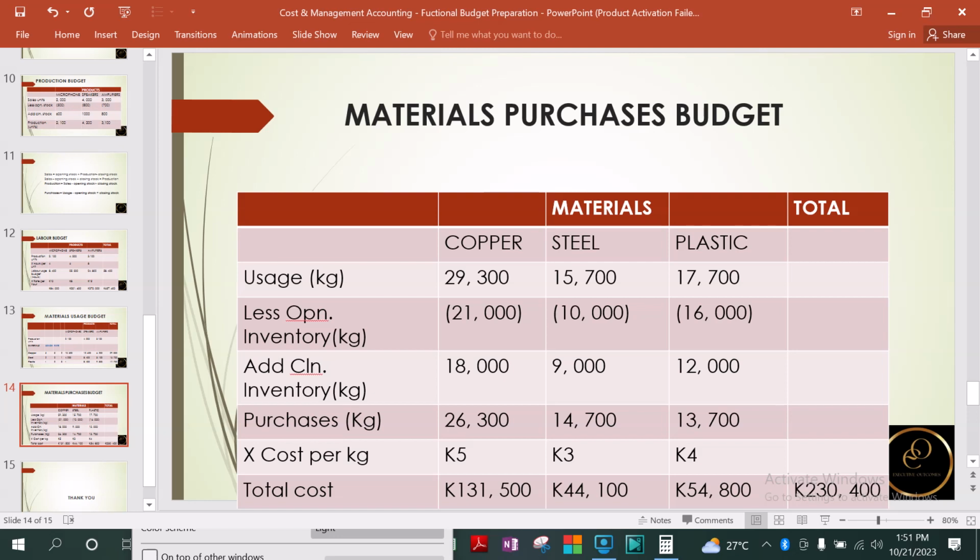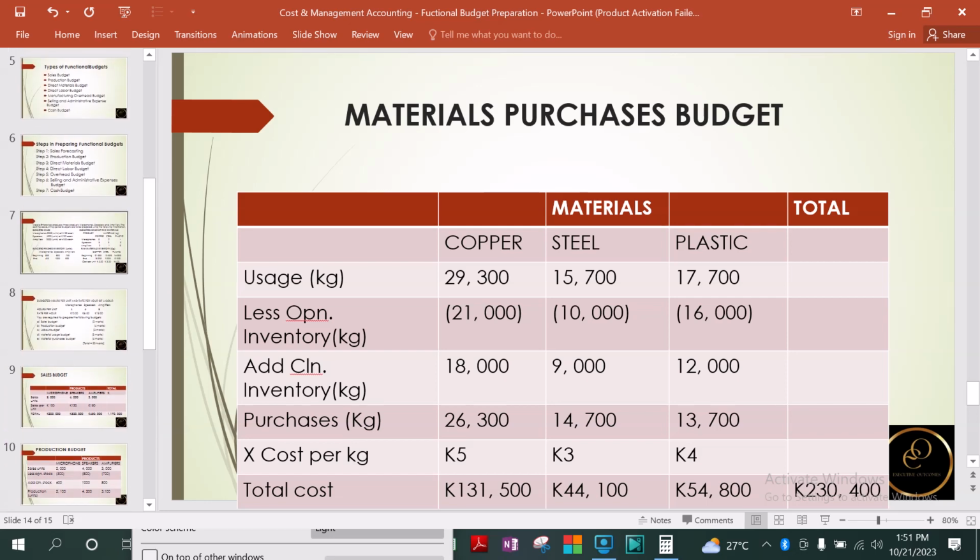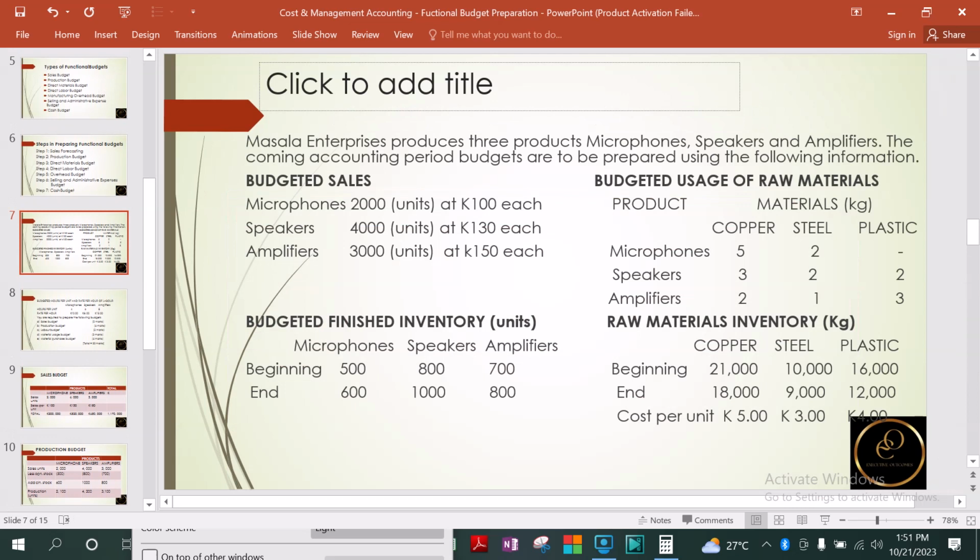Then we are given the price per kg. If we assume that the price is as given, cost per unit for copper is 5 Zambian kwacha, steel 3 Zambian kwacha, and plastic 4 Zambian kwacha.